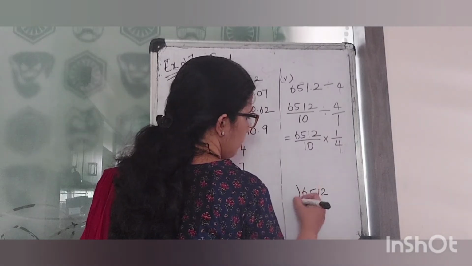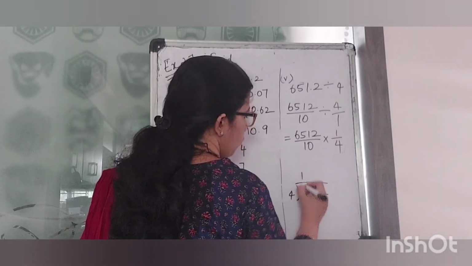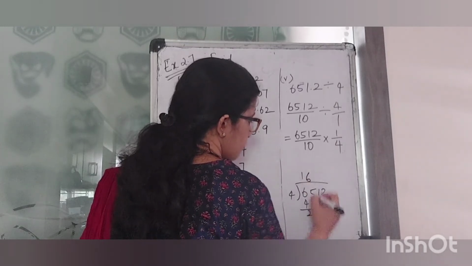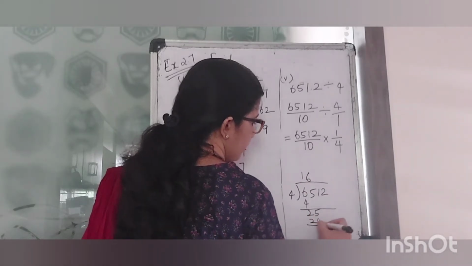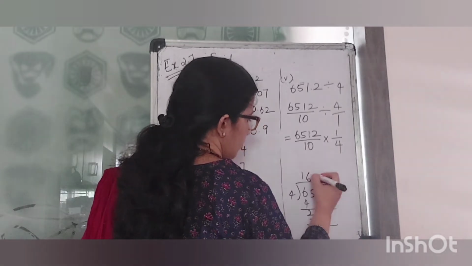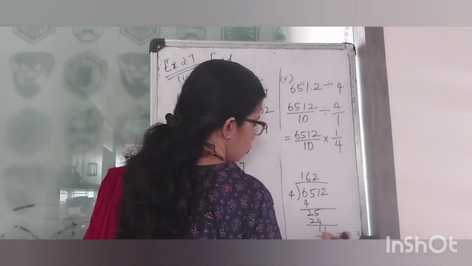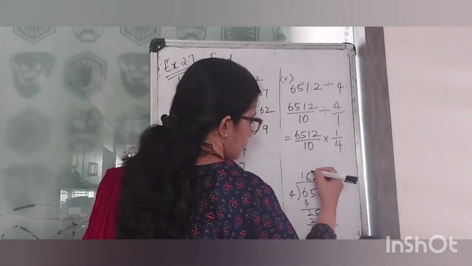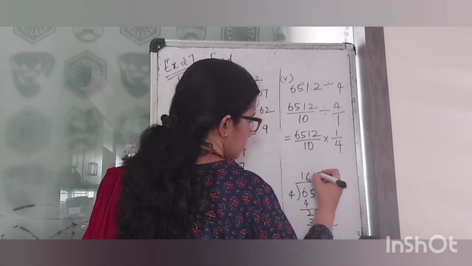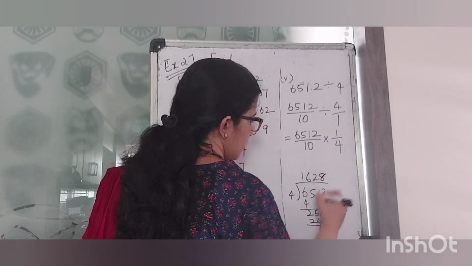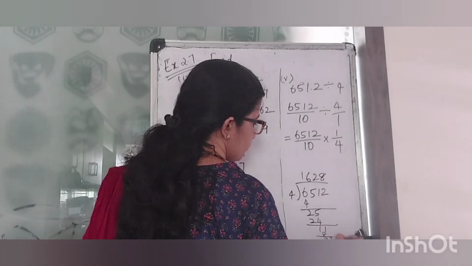6512 divided by 4. If we do, 1 4 is 4, 2 5, 6 4s are 24, 1 1, 2 4s are 8, 3 2, so 8 4s are 32.